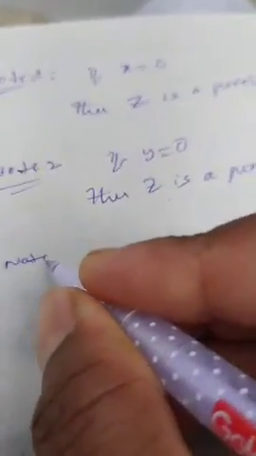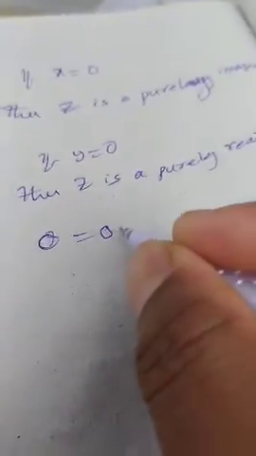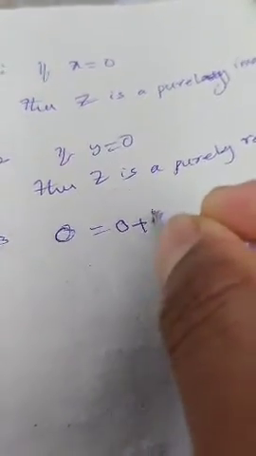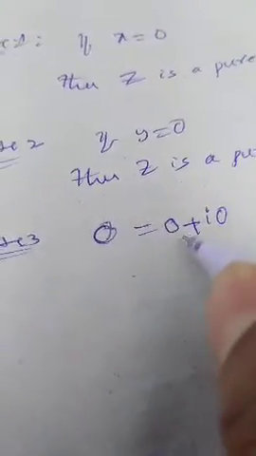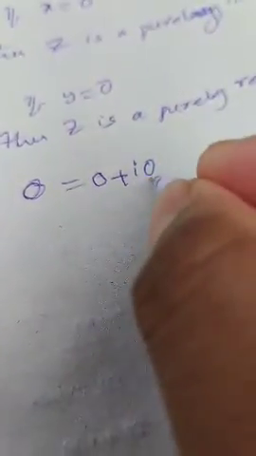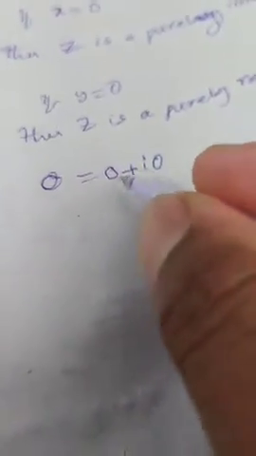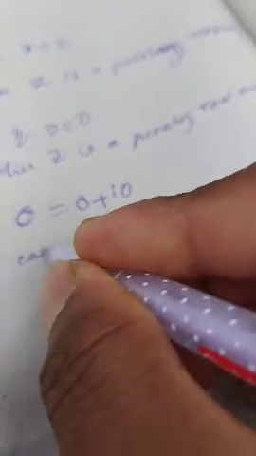Note 3: suppose I am taking 0. We can express 0 in rectangular form as 0 plus i0. See here, the real part is 0 and the imaginary part is 0. So 0 can be considered a purely imaginary number, or you can consider it a purely real number also.